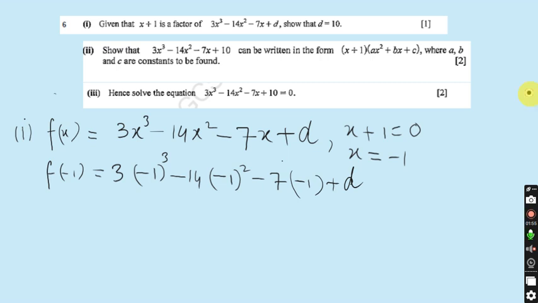And students, whenever you see the word factor, it means completely divisible by, or you can say the remainder is 0.